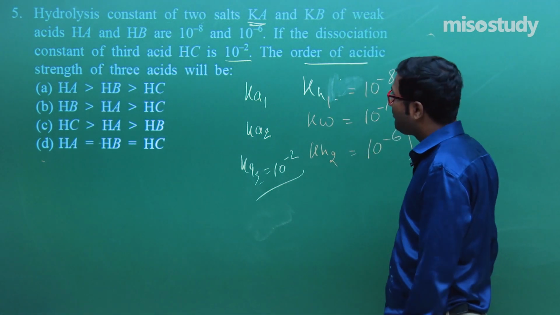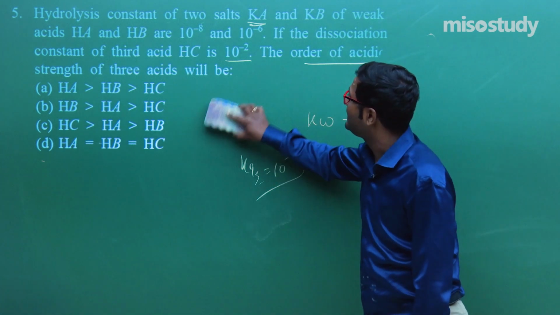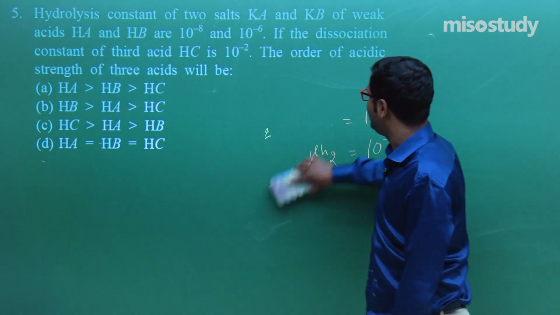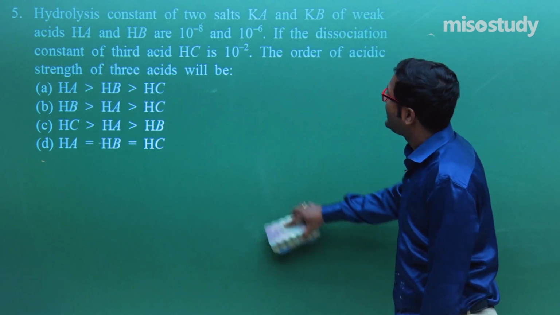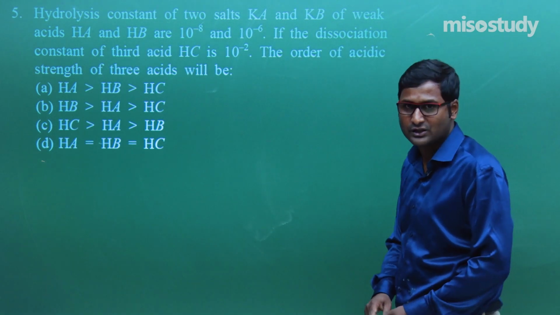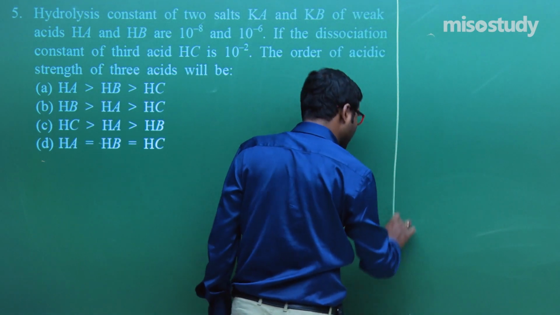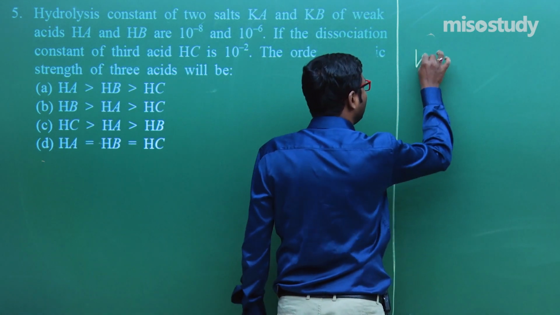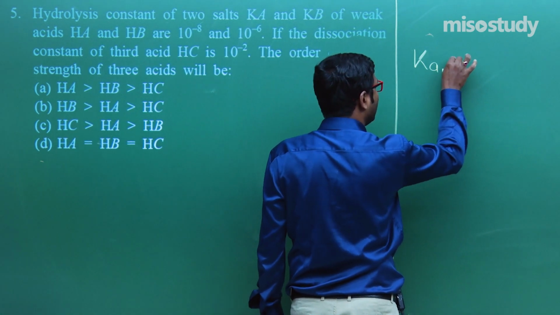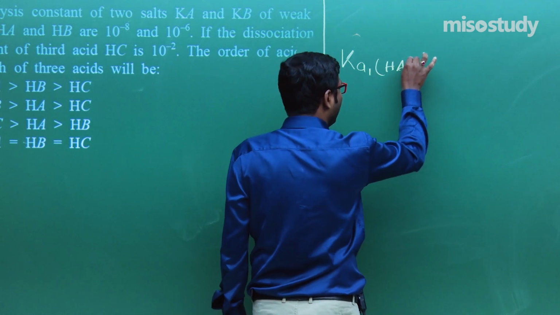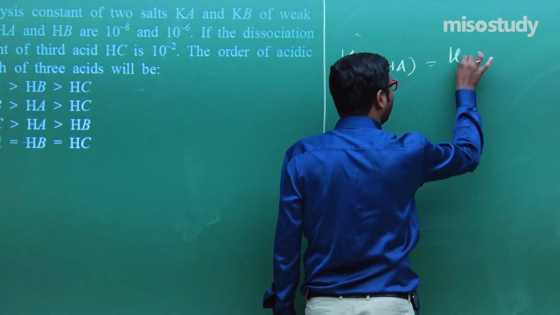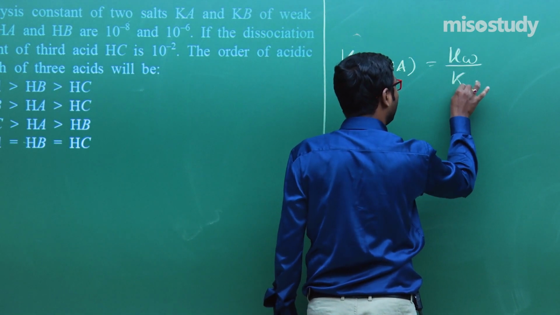Now for the first part, for HA and HB, the value of dissociation constant is not given. Here the hydrolysis constant is given. Do you remember this? As I told you earlier, Ka1 for HA is equal to Kw upon Kh1.